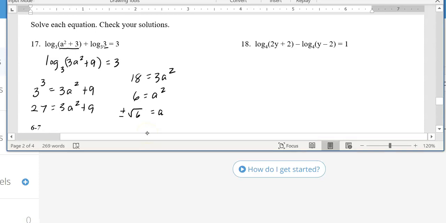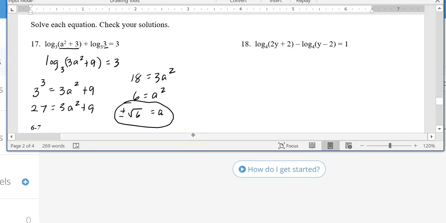You just leave it as a simplified radical. Or if it says to round it to a certain number of decimal places, then you would just go to your calculator and type in the square root of 6 and round it accordingly. But I think I'll just leave it. The answers that I provided on Moodle are in exact answer form. So I'll just go ahead and leave it like that.